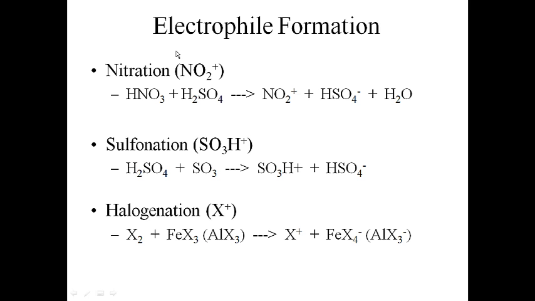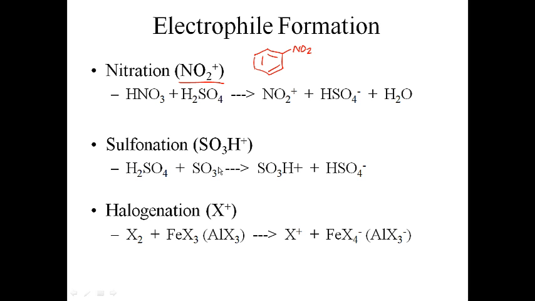And then we looked at three ways that we can generate electrophiles that will be strong enough to add to a benzene ring. The first was that if we mix nitric and sulfuric acids together, we make the NO2+ electrophile, so that if I took a benzene ring and added those reagents to it, I would put a nitro group on the ring, and this would be a way to nitrate a benzene ring.